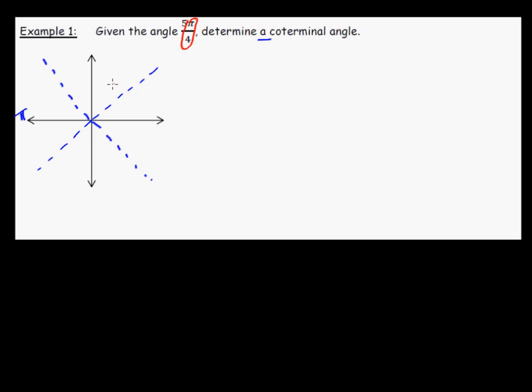We've split pi into 4 pieces, and we want 5 of those pieces. So 1, 2, 3, 4, 5. So 5 pi by 4 will be this angle. Because of the way our Cartesian plane has been split up, we already know that the related acute angle has to be pi by 4 because it's 1/4 of what pi radians would be.